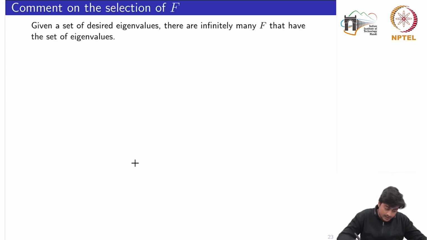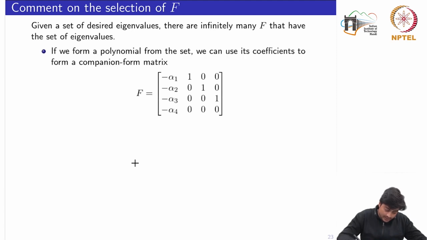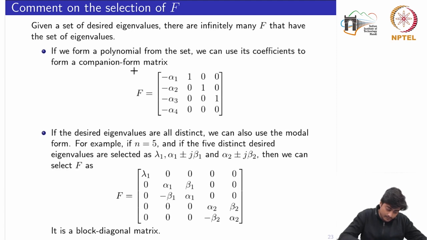Now commenting on the selection of F, given a set of desired eigenvalues, there are infinitely many F that have the set of the eigenvalues. So we can take two forms. The first form could be if we form a polynomial which we had seen earlier. From the set, we can use its coefficients to form a companion form matrix, so that all the coefficients I can arrange in this way, where all these coefficients are of the F matrix.